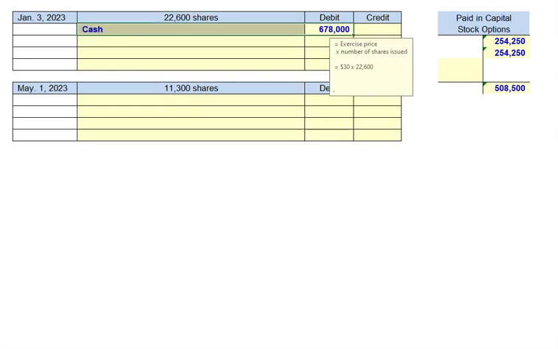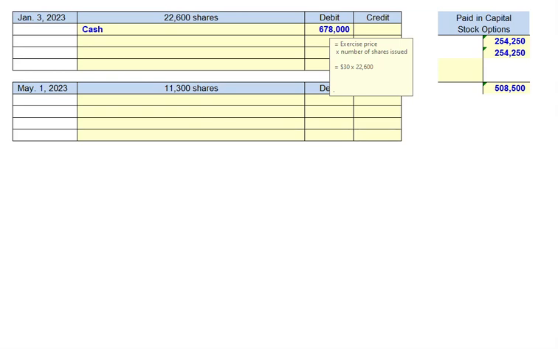The company will receive cash in the amount of $678,000. That's the exercise price of $30 per share for the options, multiplied by the 22,600 options that are exercised. And I misspoke a minute ago. The employees will only exercise if the stock price is above $30 a share, not $60 per share.